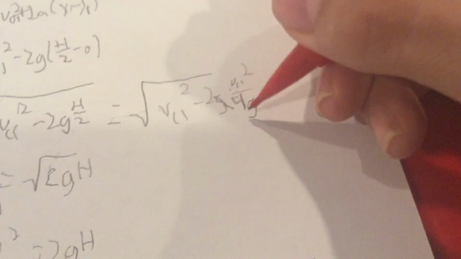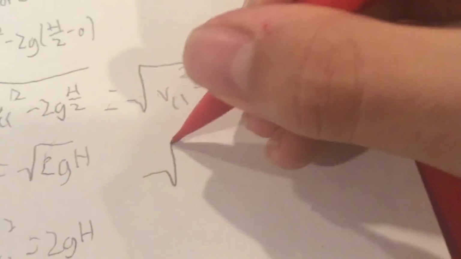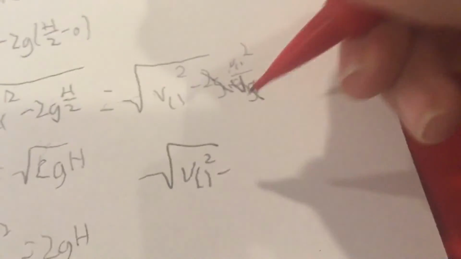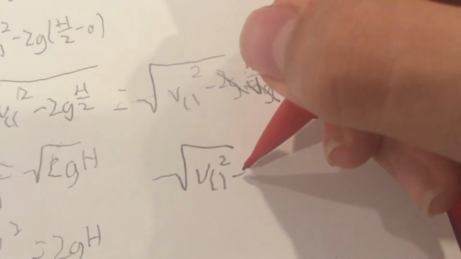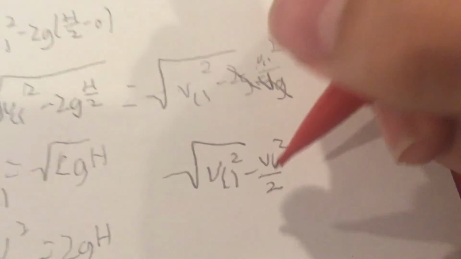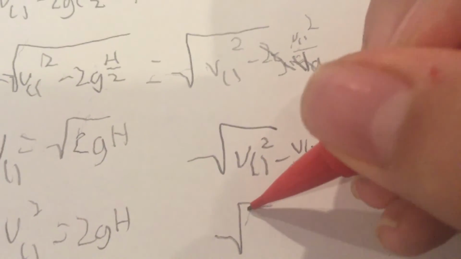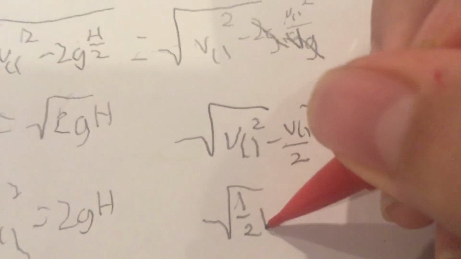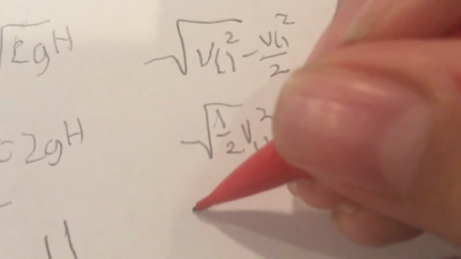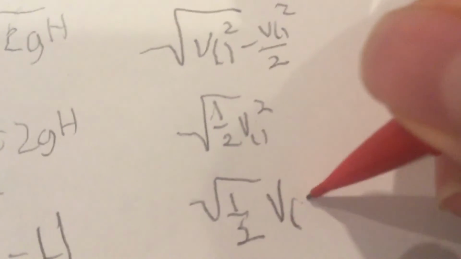Now we can cancel the g's, cancel the 2, so it would just be v naught squared minus v naught squared over 2, which is going to equal 1/2 v naught squared, which equals 1/2 v naught, which is the answer.